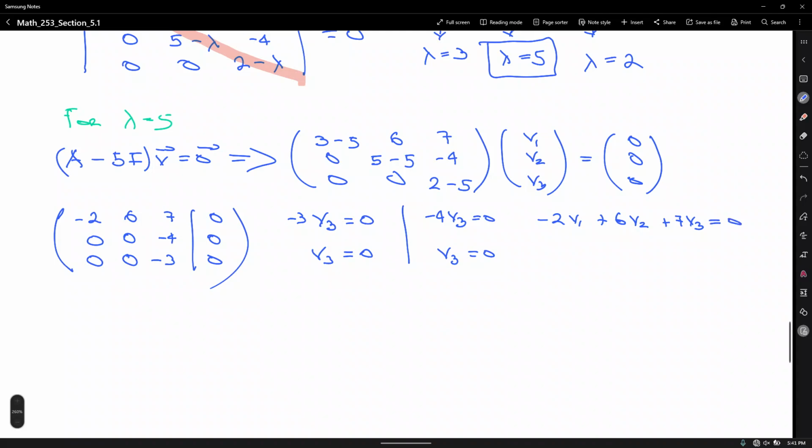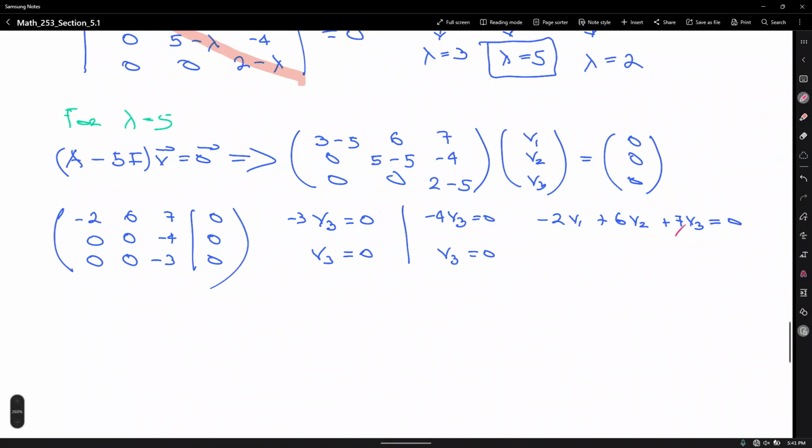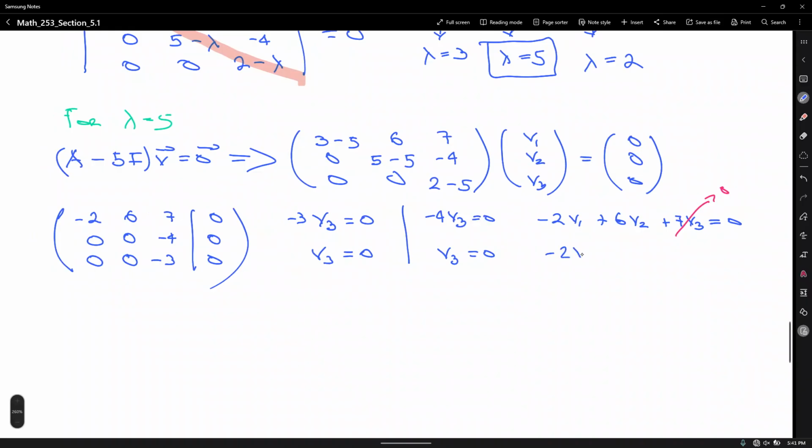But guys, what do we know about v3? Isn't that equal to 0 already? So that actually reduces the problem, because one equation with three unknowns is a big problem, but two unknowns is not the biggest problem. Now this would be negative 2 v1 plus 6 v2 equals 0. So v3 is already 0.